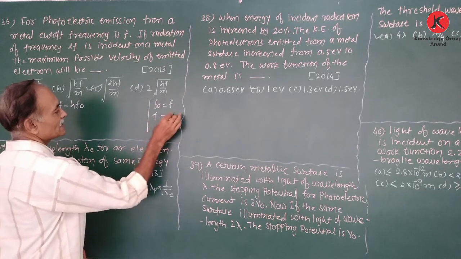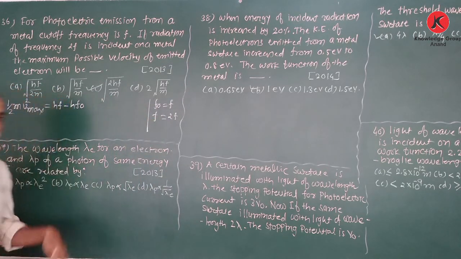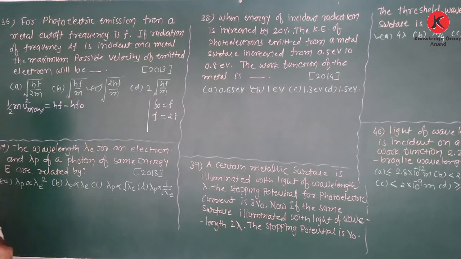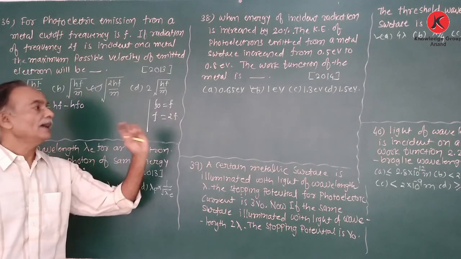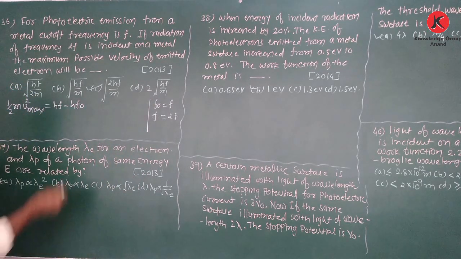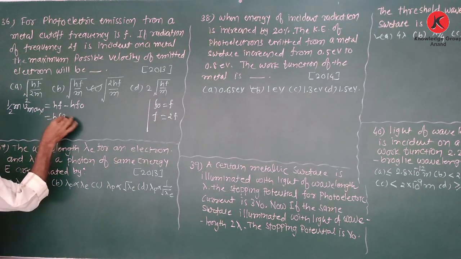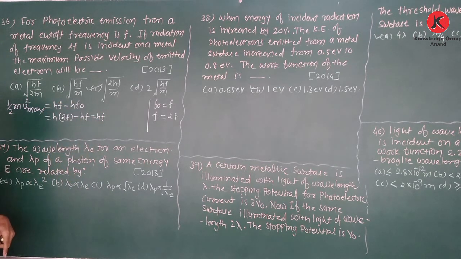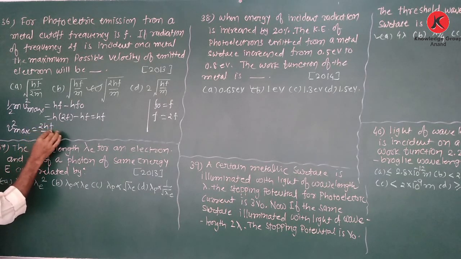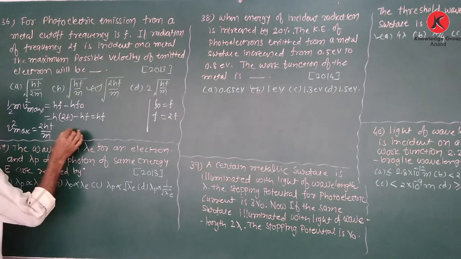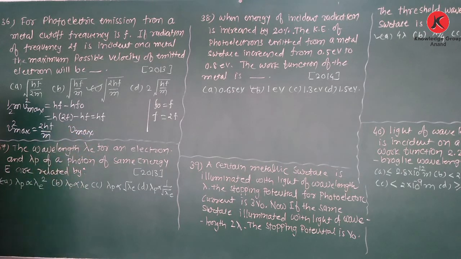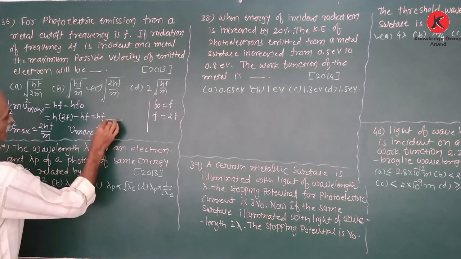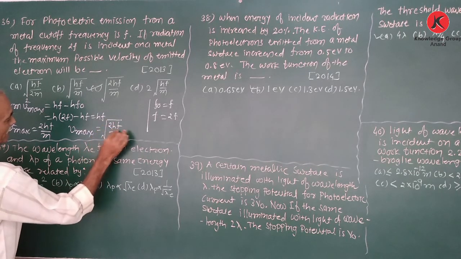Now the value of f is 2f, since radiation of double frequency is incident on the metal. Therefore, we substitute: 2hf − hf is equal to hf. Therefore, v²max is equal to 2hf upon m. Therefore, the maximum speed of photoelectrons, vmax, is equal to the square root of 2hf upon m.